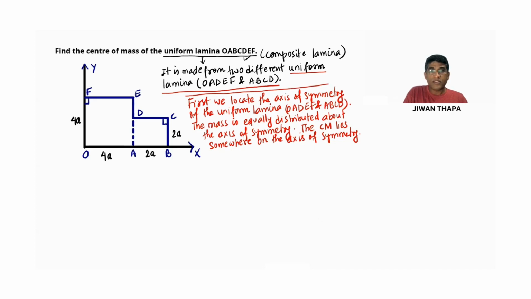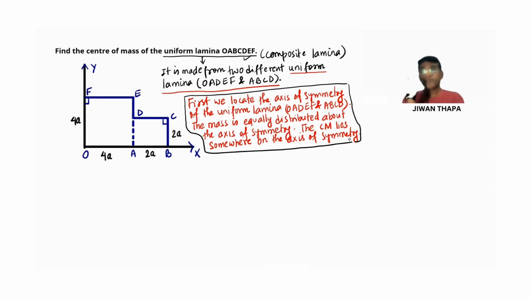So this is to be noted. When we have uniform lamina, first we locate its axis of symmetry or line of symmetry. For uniform lamina, the mass is equally distributed about the axis of symmetry and the center of mass lies somewhere on the axis of symmetry.